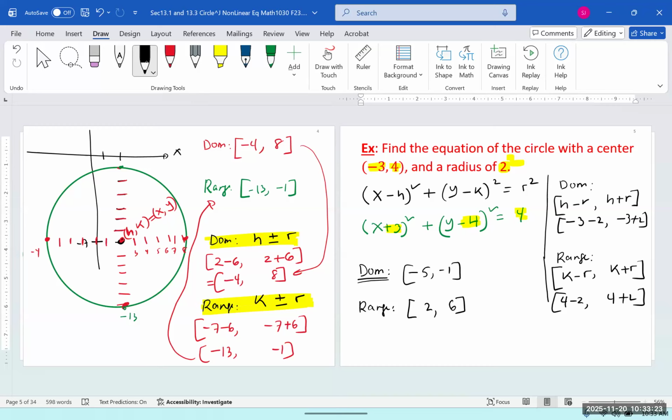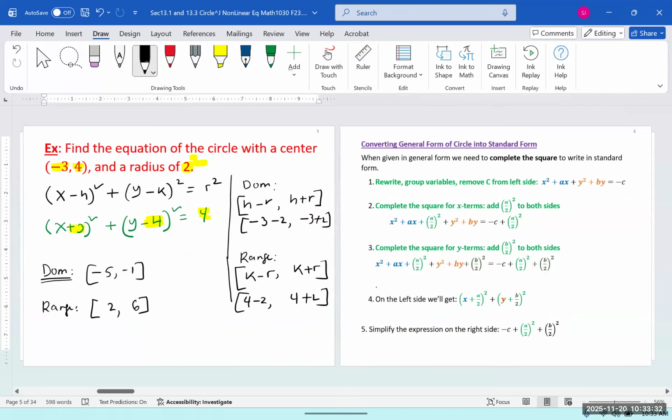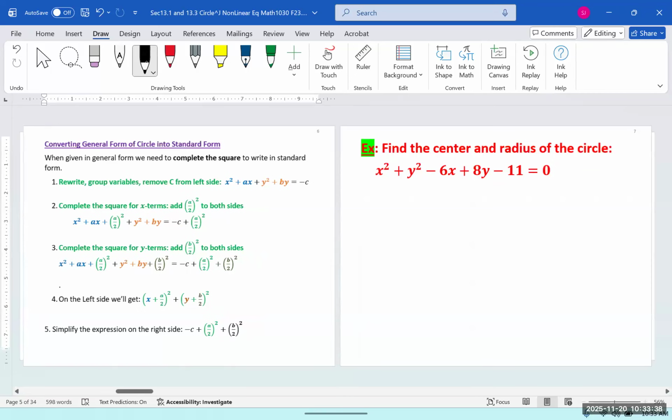Any question on this? So now we are going to learn how to convert one format to another format. To convert one format to another format, we're going to use completing the square, and we're going to do it twice.